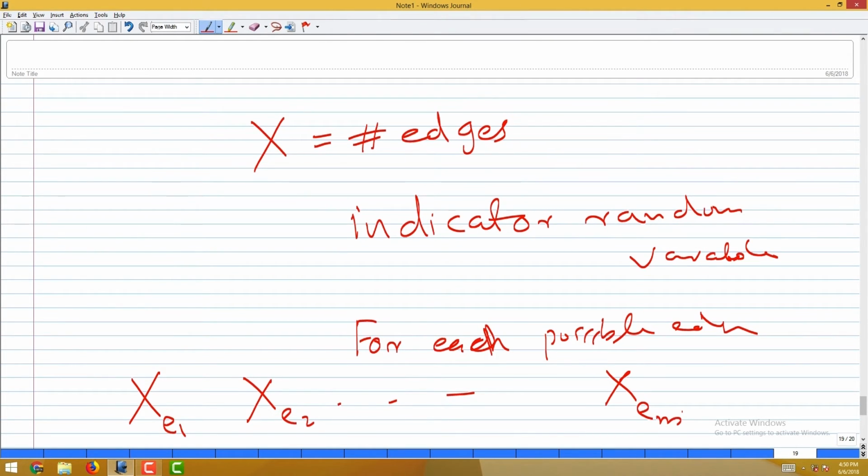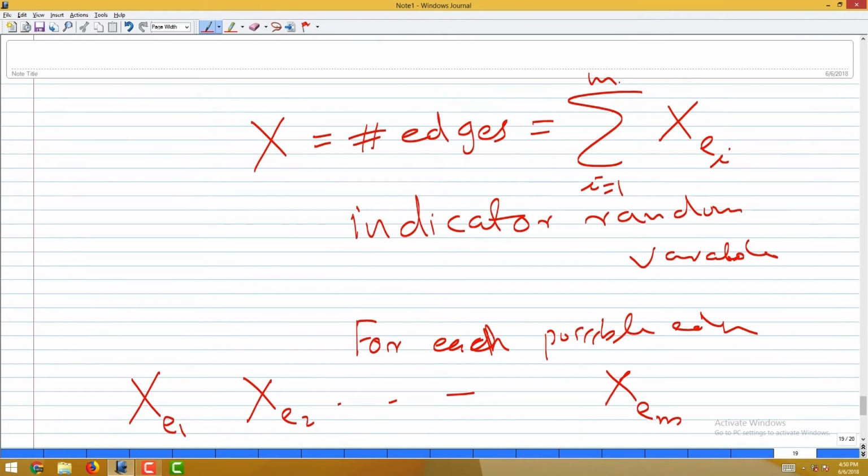There are m edges, so the first edge, xe1, xe2, like that up to xem, I can define an indicator random variable. This indicator random variable will take only two possible values, namely 1 or 0. If it takes 1, that means that edge appears, otherwise it is 0. It indicates whether the edge is there or not.